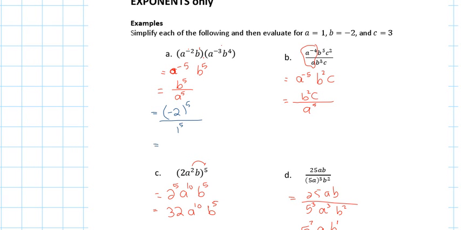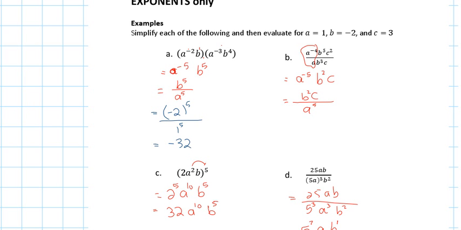So negative 2 to the power of 5 is negative 32. 1 to the power of 5 is 1, so it's going to be negative 32. Do I need to include that divided by 1? No. A denominator of 1 doesn't matter.